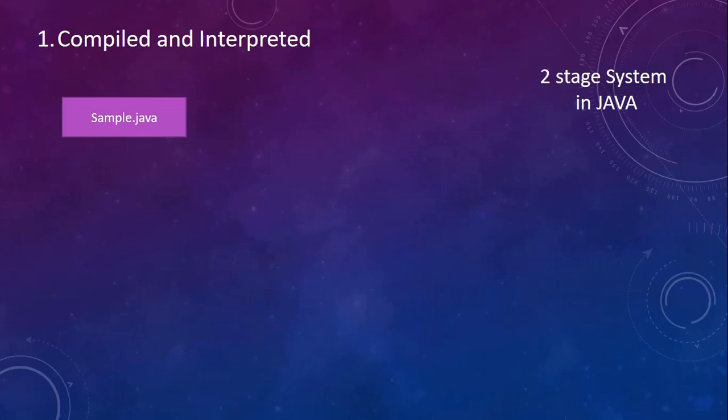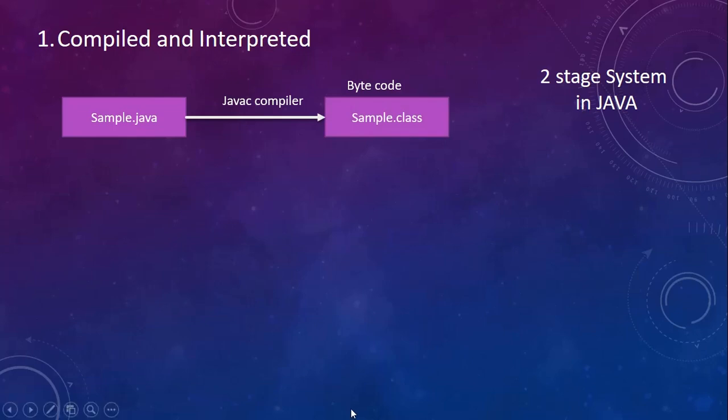This high level program that you have written is given to the javac compiler. The javac compiler converts the source code into something called bytecode, and the extension of this bytecode file is .class.